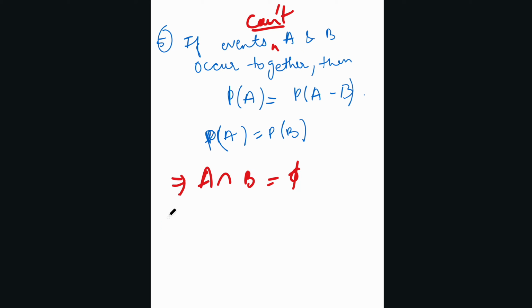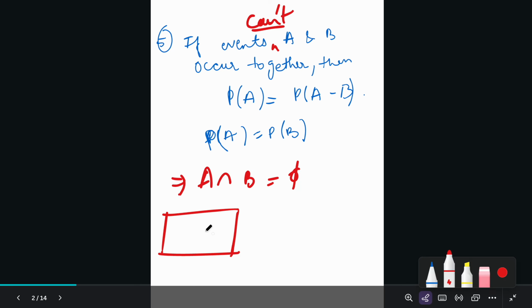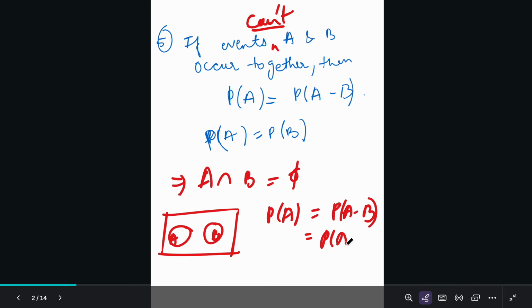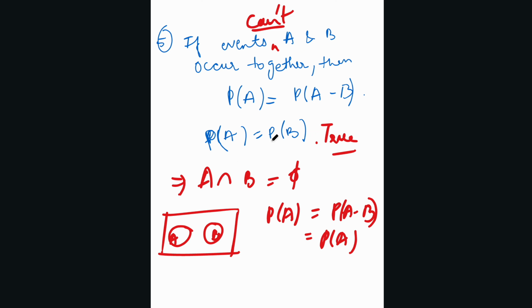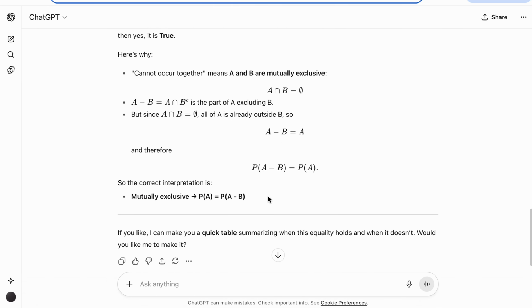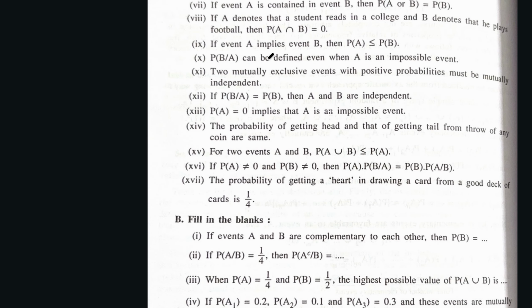Then probability of A minus B will also be probability of A. That means it is true. Yeah, so it is true. My bad, I'm sorry.